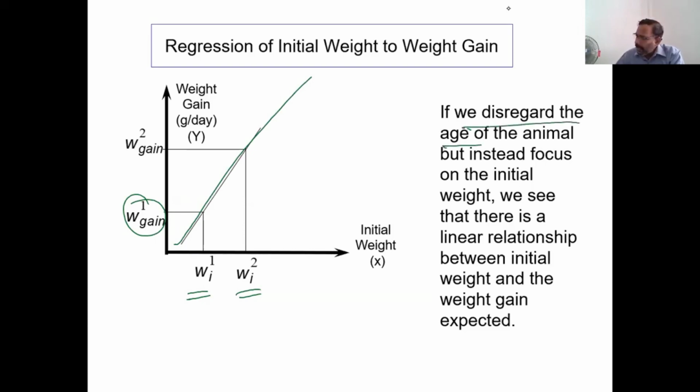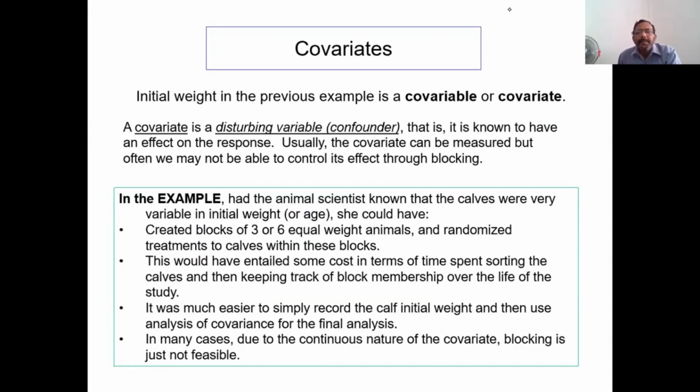If we discard the age of the animal and instead focus on the initial weight, we see that there is a linear relationship between initial weight and the expected weight gain. So this is how it can be explained, so that we can introduce the covariate, initial weight.